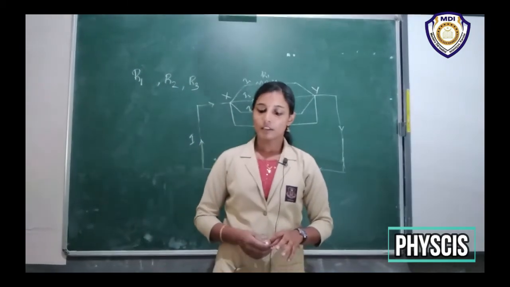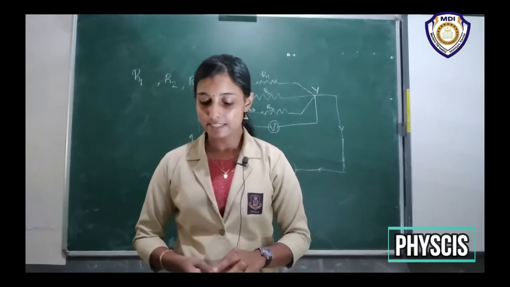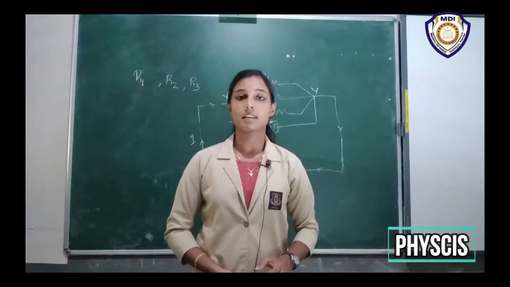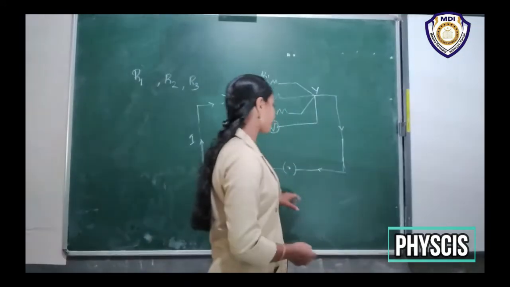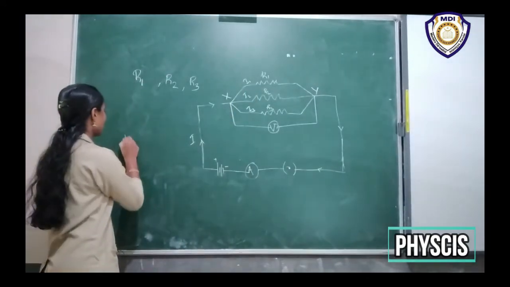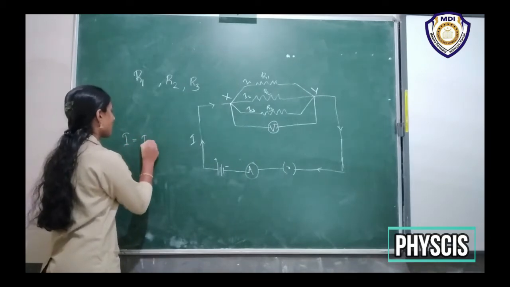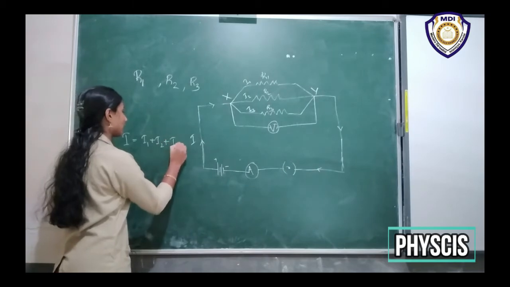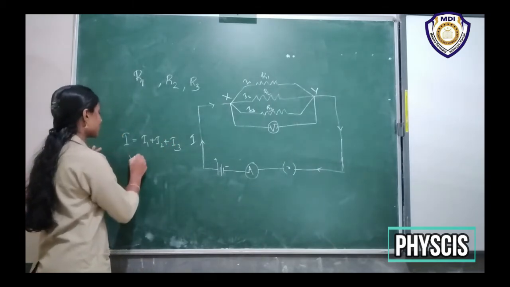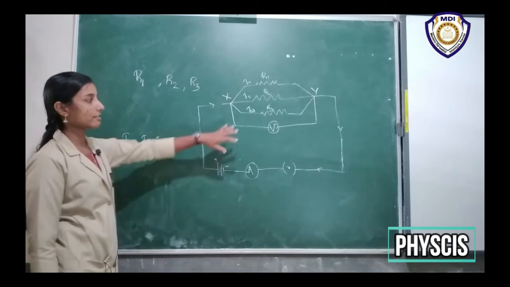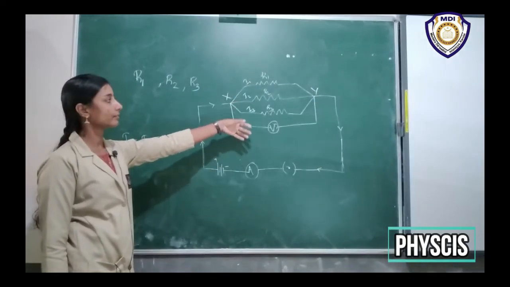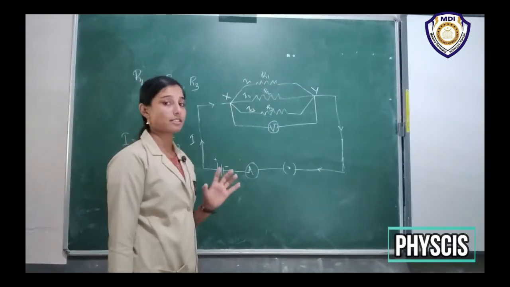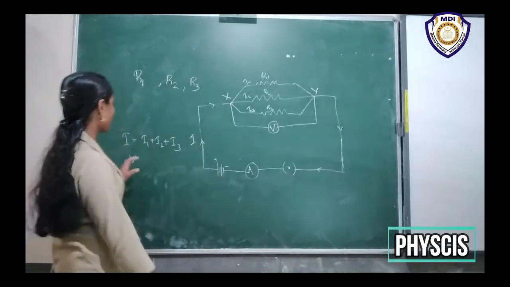And the reciprocal of the equivalent resistance of the circuit is the sum of the reciprocals of the individual resistors. So I should be the sum of I1, I2 and I3. And we know V is constant, right? It will not change if we fix the voltmeter anywhere in between these resistors. So V is a constant.